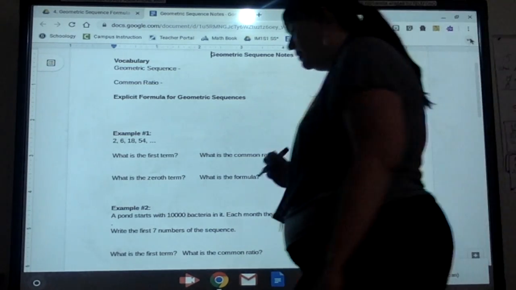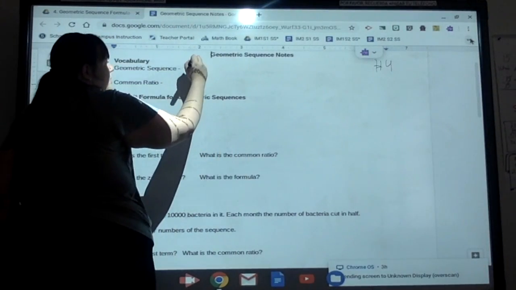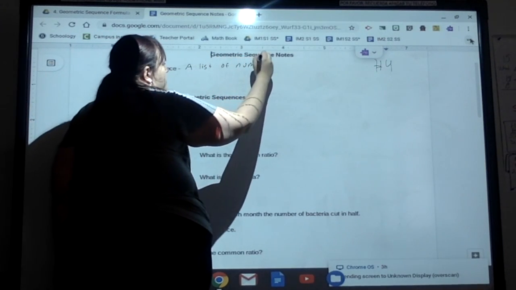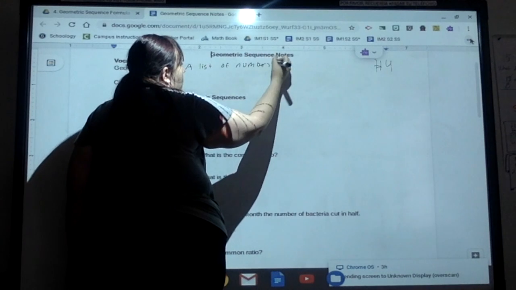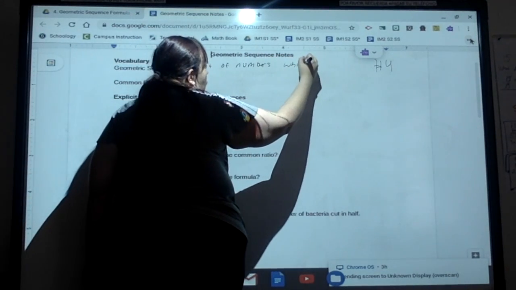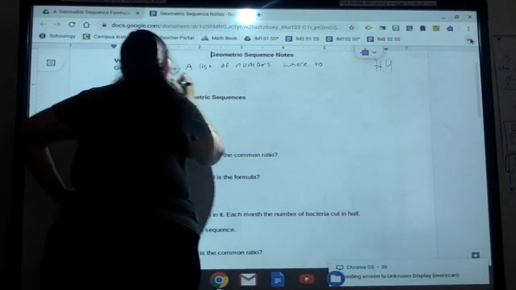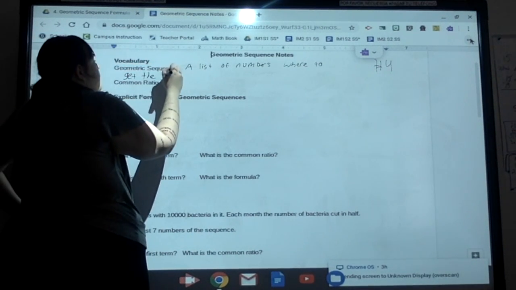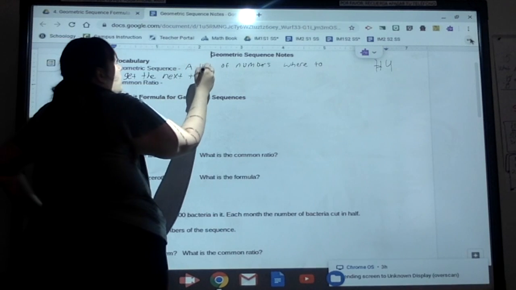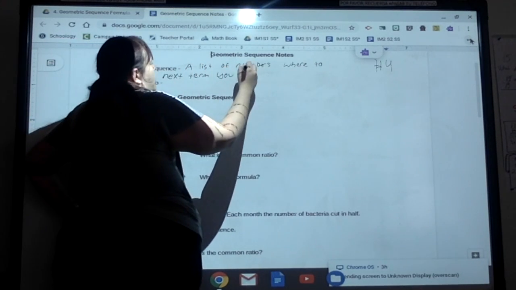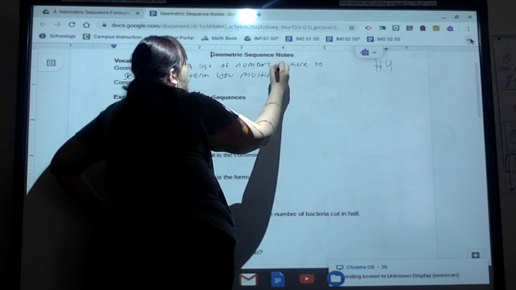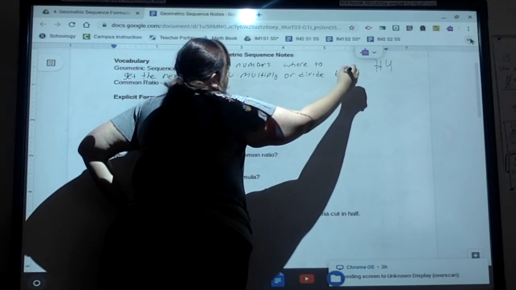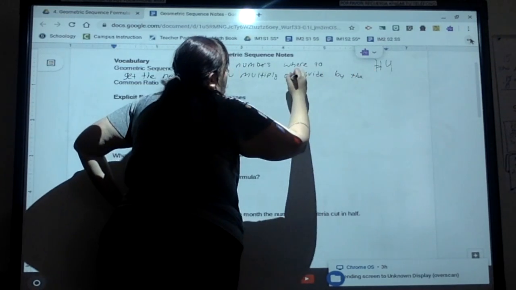So a geometric sequence, if you remember, is a list of numbers where to get the next term, you multiply or divide by the same number.